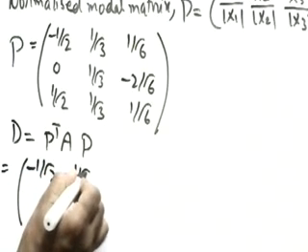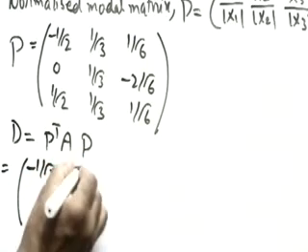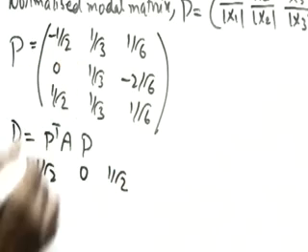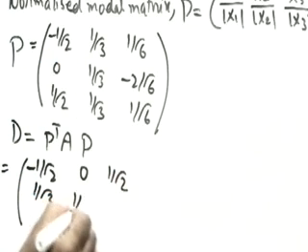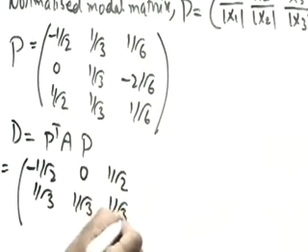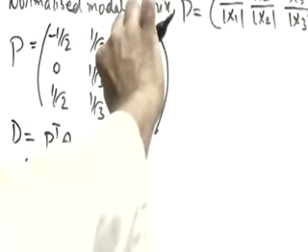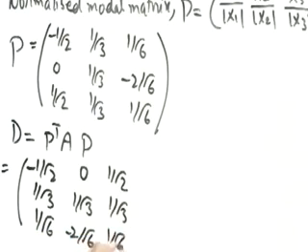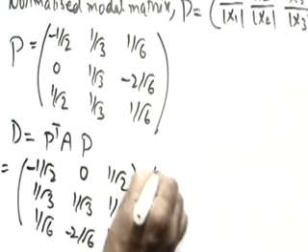So this will be minus 1 by root 2, 0, 1 by root 2, then the transpose of this, 1 by root 3, 1 by root 3, 1 by root 3. We change the column to row. Then 1 by root 6, minus 2 by root 6, 1 by root 6. This is P transpose. Now into A. A is the given matrix.